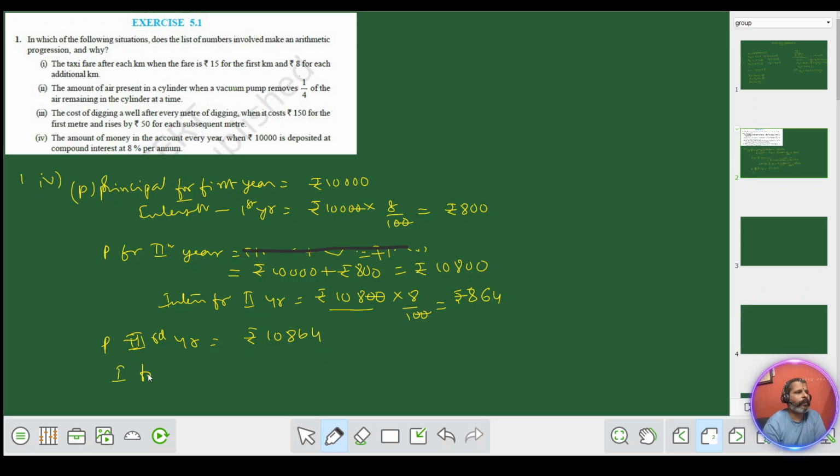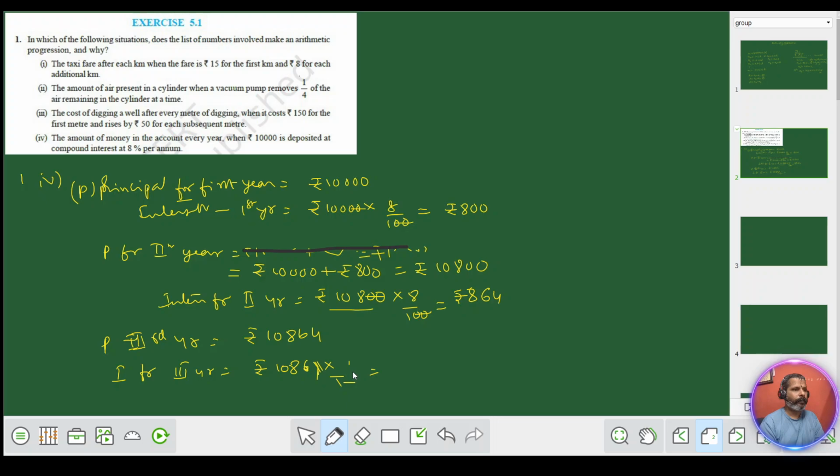Then interest for the third year. First, we will at least find three terms here. So rupees 10,864 into 8 by 100, which comes to 933.12. You have to calculate yourself.